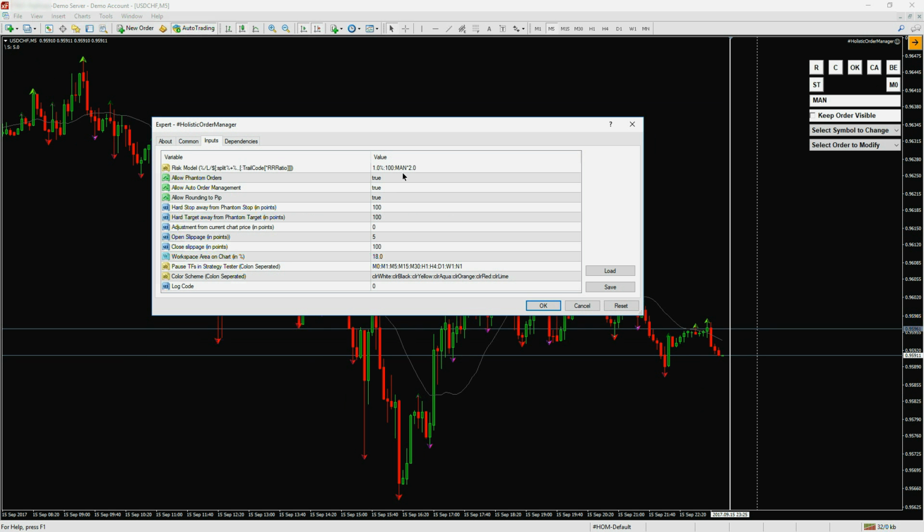That means you will manually trail your stop loss, and initial risk reward is 1 to 2, times 2 units. Let's press OK and see each of the different parameters.